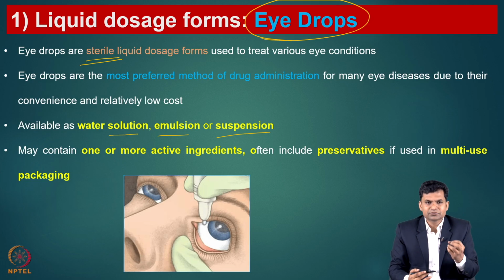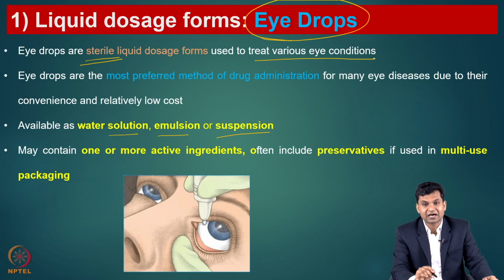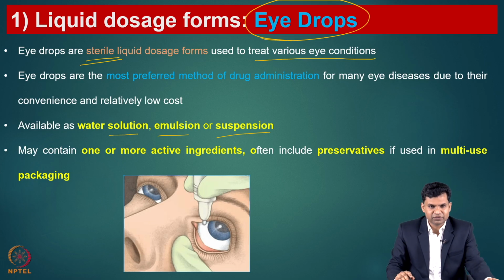So eye drops are sterile liquid dosage forms which are used for the treatment of various eye disease conditions. Last week we also discussed the various types of drugs which are used for the treatment of the eye. So in glaucoma, inflammatory conditions, and other cases such as diabetic retinopathy, we can use sterile liquid dosage forms.